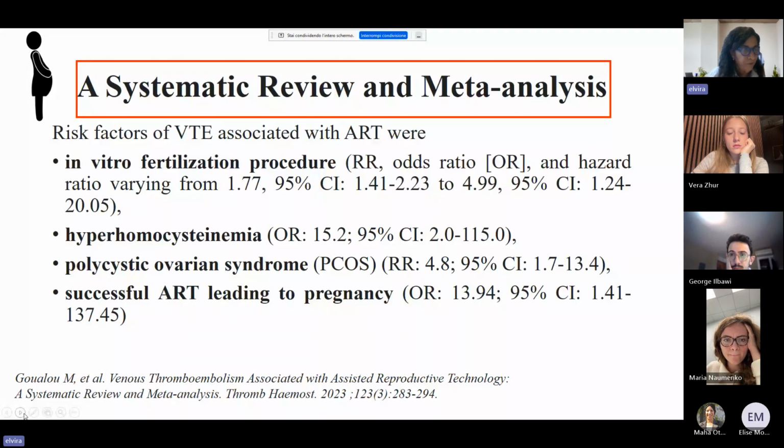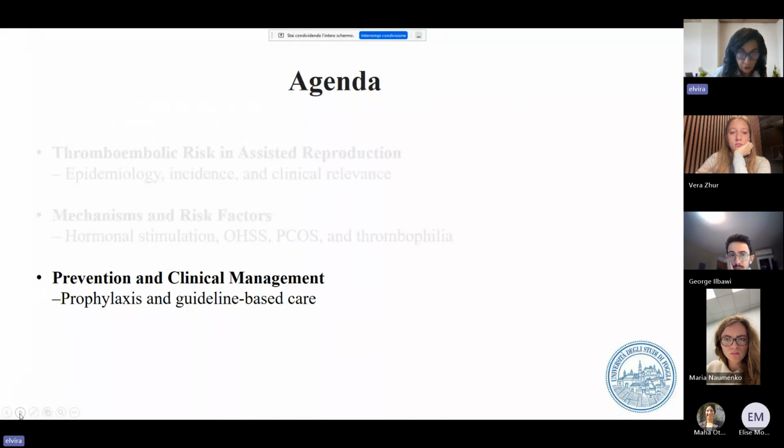We do not have exact, robust data regarding the different settings of women with different risk factors, but overall we know that successful cycles, and in general IVF cycles when followed by pregnancy, need more attention by our clinicians.